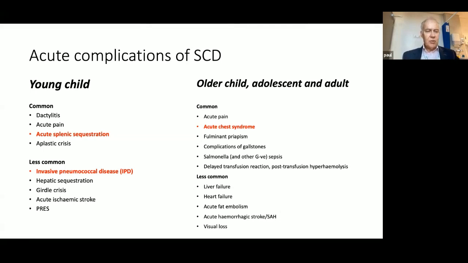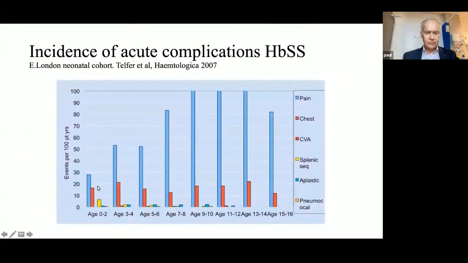So some of these common complications in young children are really important to identify and to manage. And I'm going to talk about the ones highlighted in red, particularly invasive pneumococcal disease and acute splenic sequestration. And then, as I said, in the older patients, I want to talk about acute chest syndrome.